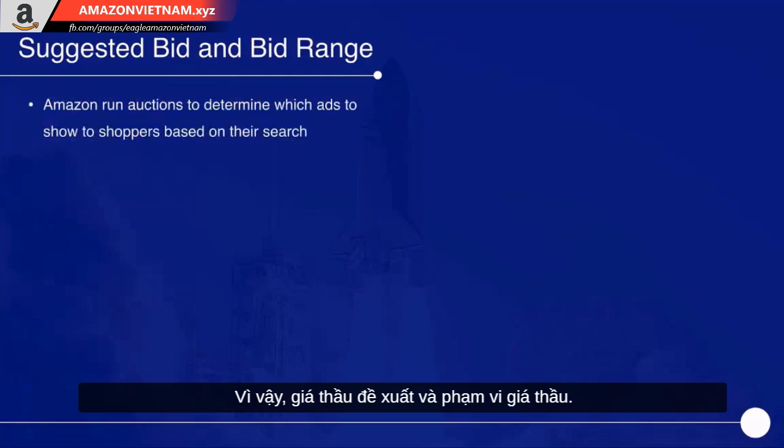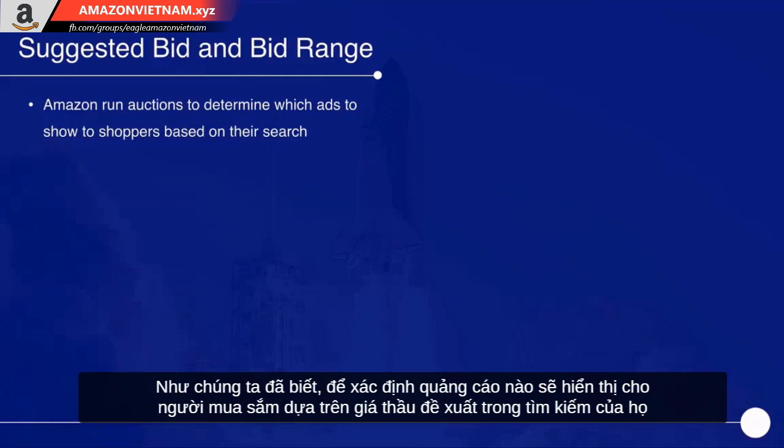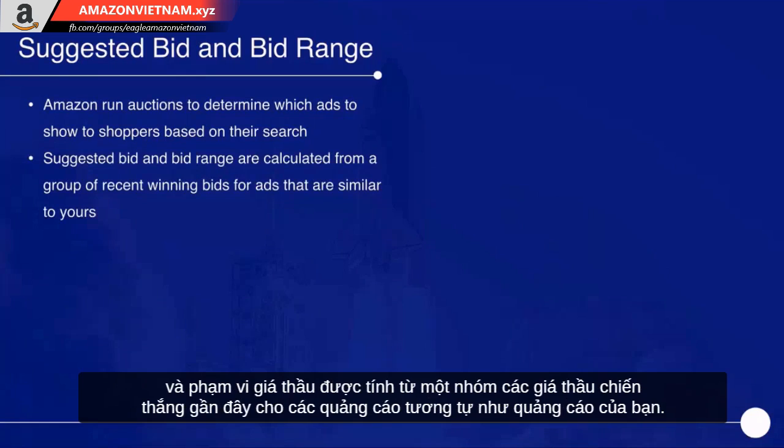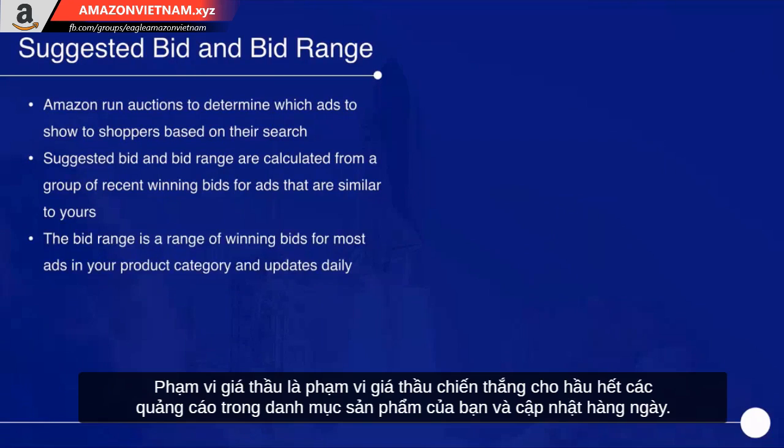So, suggested bid and bid range. Amazon runs auctions, as we know, to determine which ads to show to shoppers based on their search. Suggested bid and bid range are calculated from a group of recent winning bids for ads that are similar to yours. The bid range is a range of winning bids for most ads in your product category and updates daily.